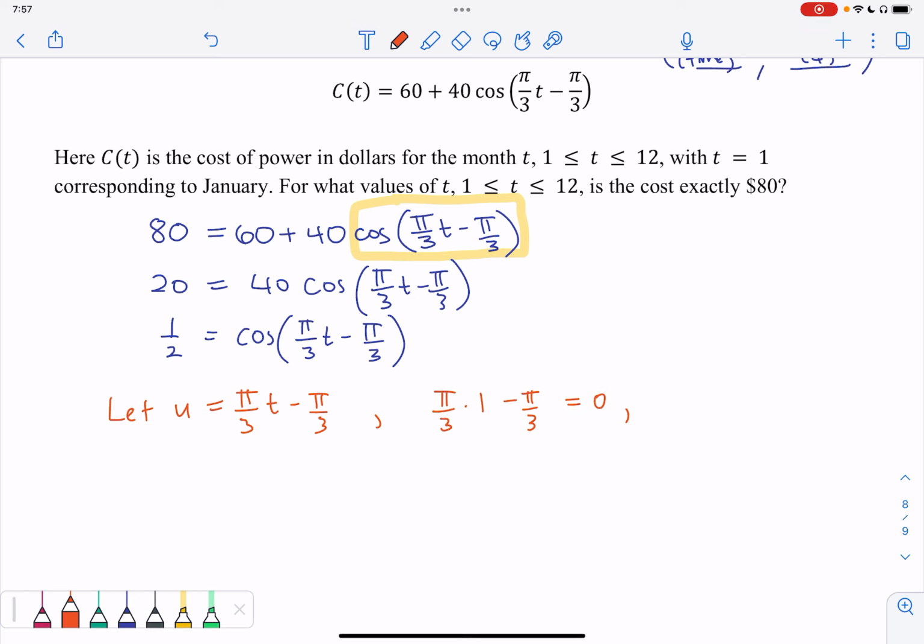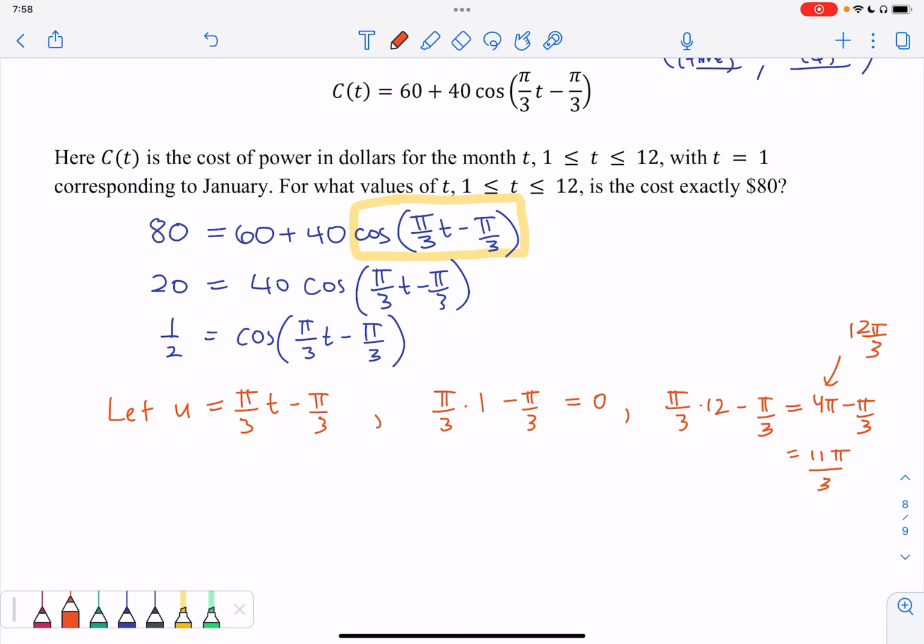And if I plug in 12, which is the end, I get pi over 3 times 12 minus pi over 3. This gives me 4 pi minus pi over 3, which is just 11 pi over 3, right? Because this is just 12 pi over 3.